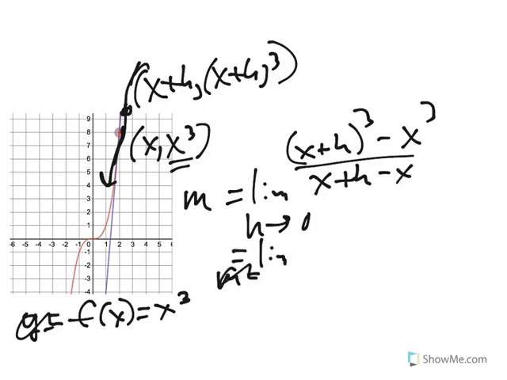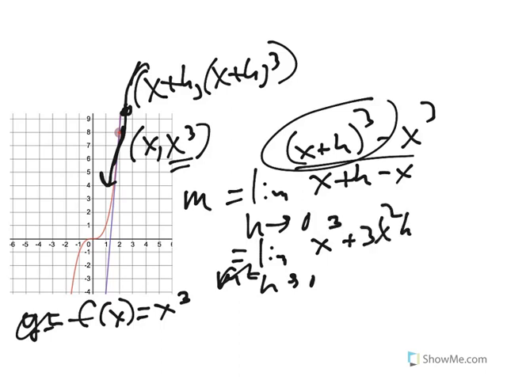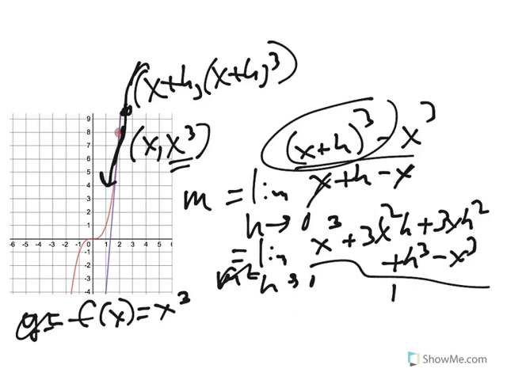That is the limit as h goes to 0. This is harder to expand. It becomes x cubed plus 3x squared h plus 3x h squared plus h cubed minus x cubed. The bottom just becomes h.